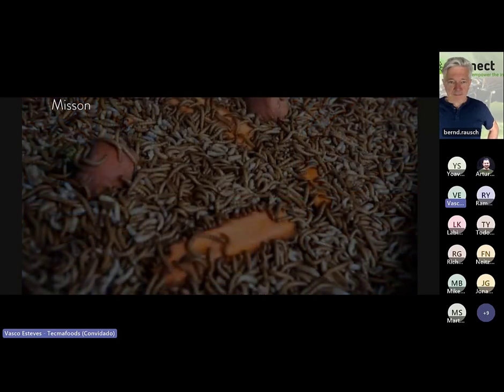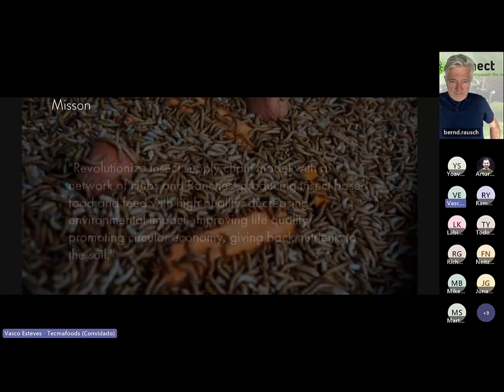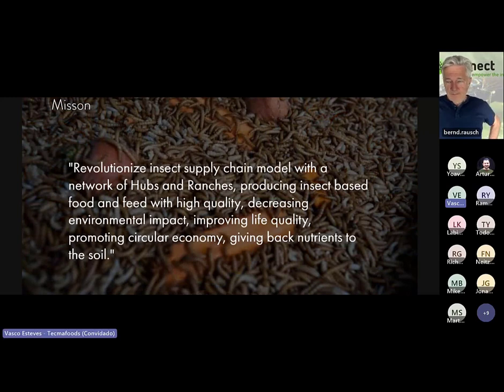Okay, so Tecmo Foods, as Bernd said, we are focused on smaller and medium-sized farms. When we started, we followed the idea that a mega factory would be suitable for everyone, but soon we realized that it's very difficult to approach a new small business where there is no expertise.